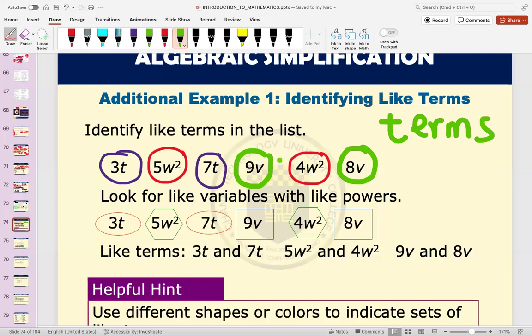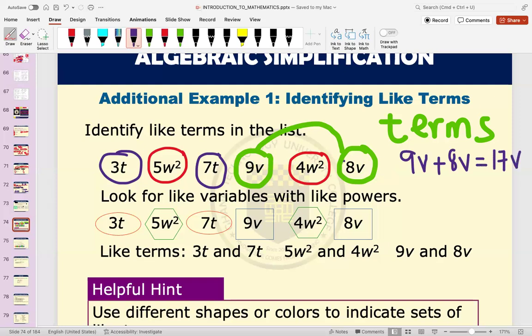Yes. Sometimes it is good to put the terms together. So I can add 9v to 8v. Why? Because they have the same structure. So 9v and 8v, I can put them together as 9v plus 8v, and then I'll have a total of 17v.